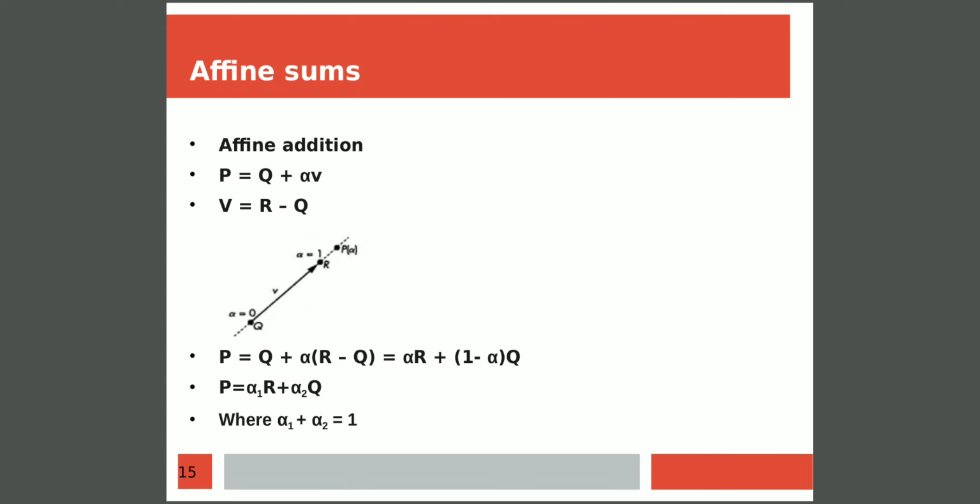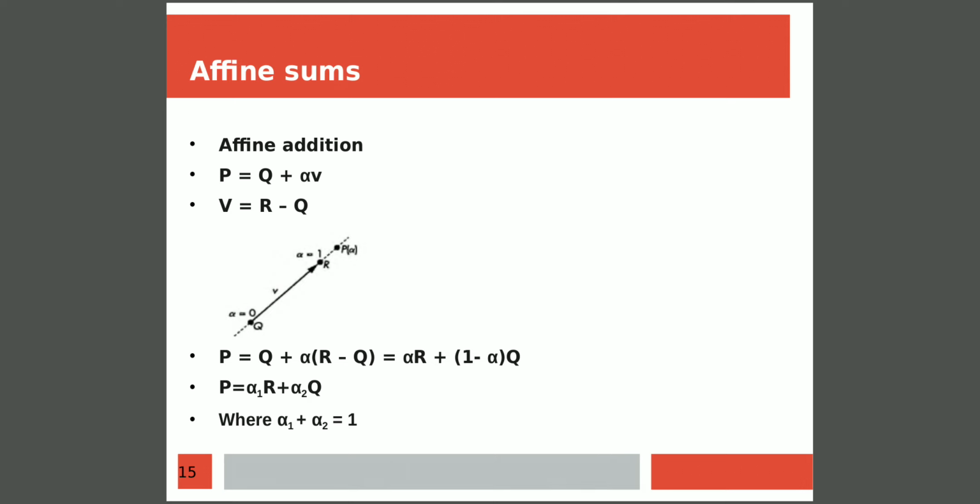Then we already know the subtraction of 2 points. Here we are considering 2 points, r and q. When we subtract those 2 points, the result will be v. Then when we combine these two equations, we get p equals q plus alpha into r minus q. That is, in place of v, we are substituting the second equation, r minus q.